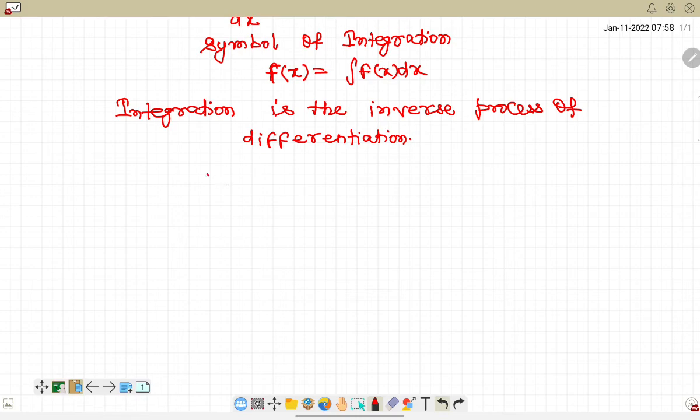For example, if you differentiate sin x with respect to x, then we will get cos x.